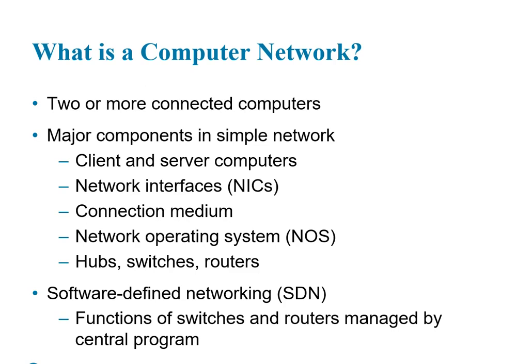Then routers: a router is a communication processor that routes packets of data through different networks, ensuring they are sent to the correct address. And then you have the software-defined network, or SDN, which has one central program to manage the control function of switches and routers.